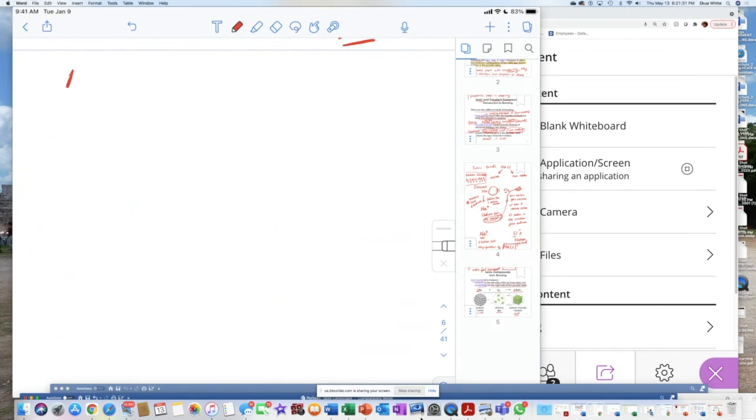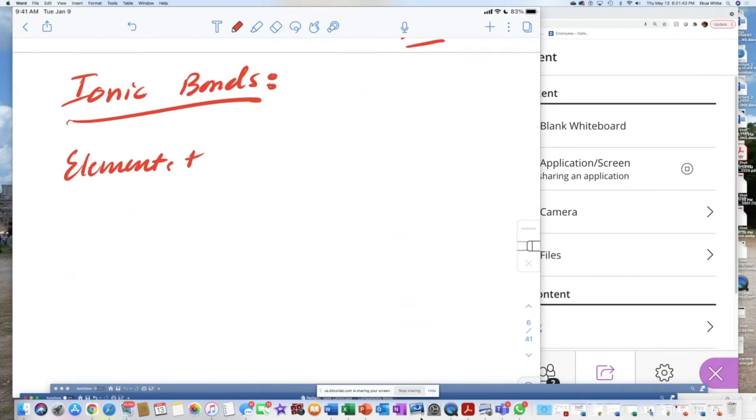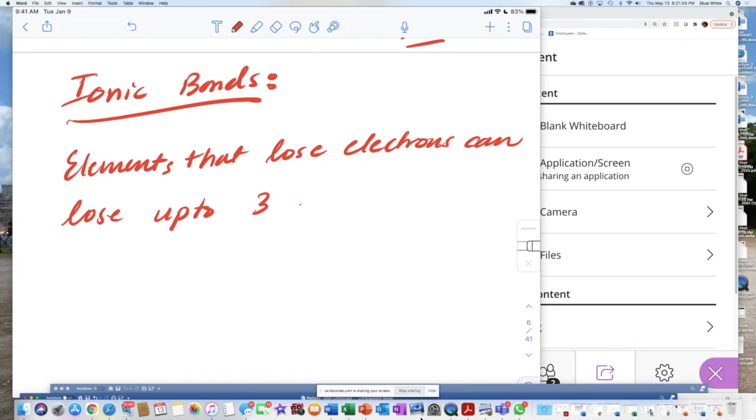When it comes to ionic bonding, so let me minimize this right here. In ionic bonds, I mentioned that elements that lose electrons can lose up to 3 electrons.